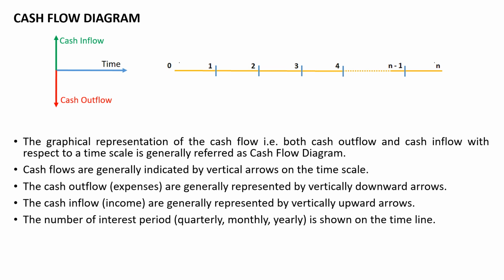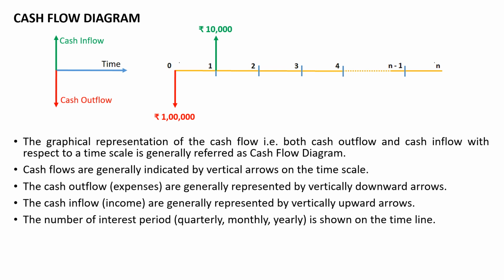Now let's look into different cash flows. So at the time t equal to 0, there is a cash outflow of rupees 1 lakh. So it could be an investment made for some business.